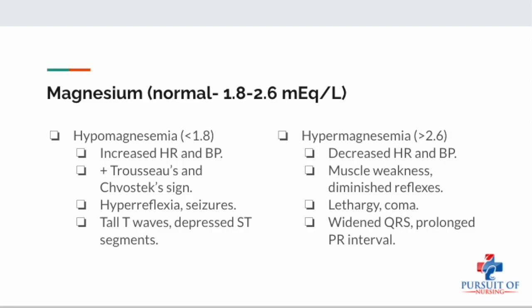You also want to avoid the use of laxatives and antacids because those contain magnesium as well. So the most important thing to remember from this slide is that calcium gluconate is the antidote for a magnesium overdose. So a question on the NCLEX may describe a patient coming in that has a decreased heart rate and blood pressure.